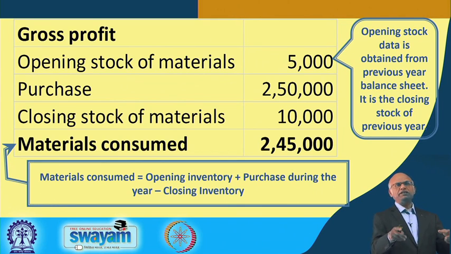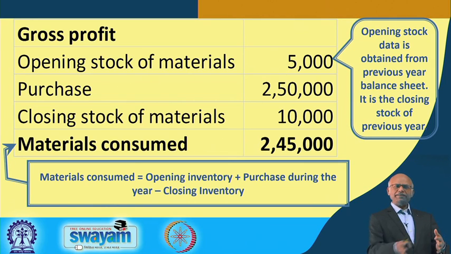So, you start the business with the opening stock. Then you keep on buying and keep on selling. Stock gets depleted, and you replenish it time and again. Your purchase ledger keeps on adding up. At the end of the year, you observe that you have bought a total of 2,50,000 rupees worth of stock or material.